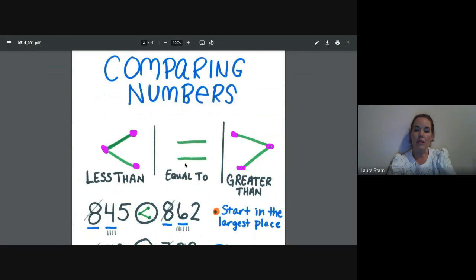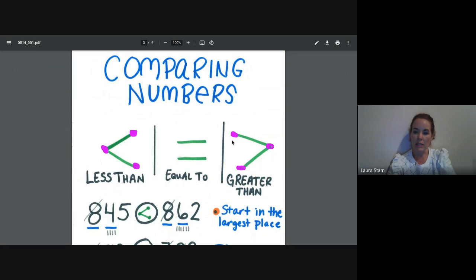Right here in the middle, we have equal to. That means they would be the exact same on both sides. This side would be the same as this side. And we see this in equations where we want one side to equal the other side. Then we have this symbol, and it's similar to this one, but it's going the opposite direction. And this is the greater than symbol.